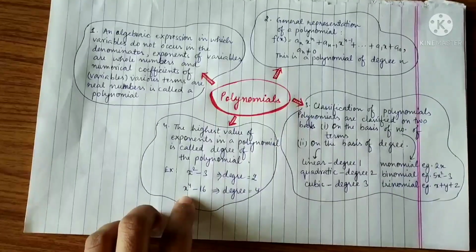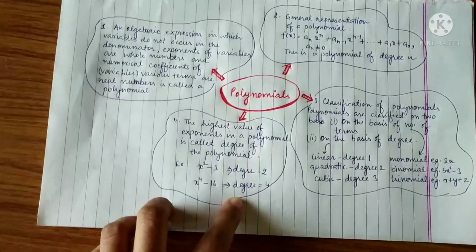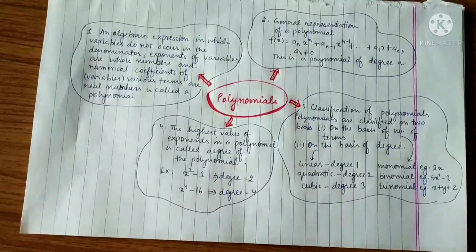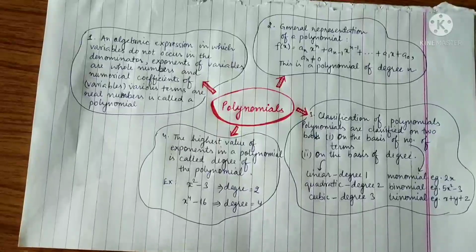Highest power of the variable is 4. Hence, the degree of this polynomial will be 4. So, the highest power of the exponent in a polynomial is known as the degree of the polynomial.